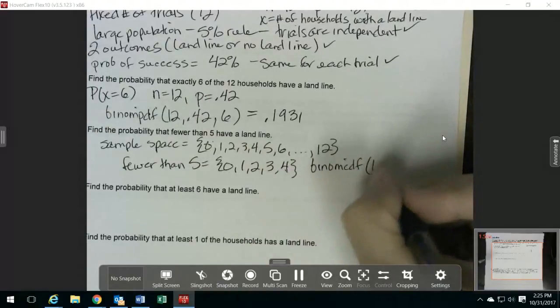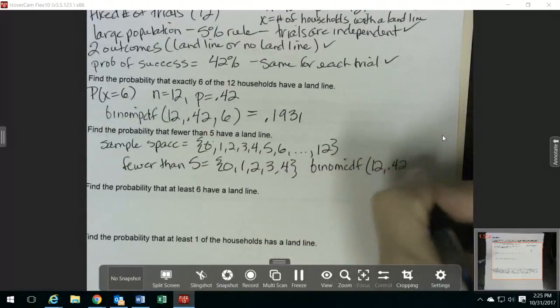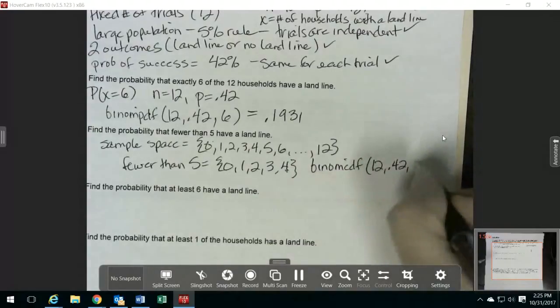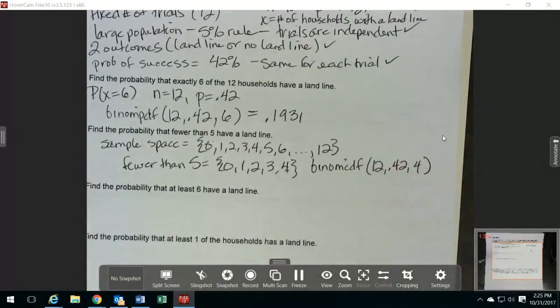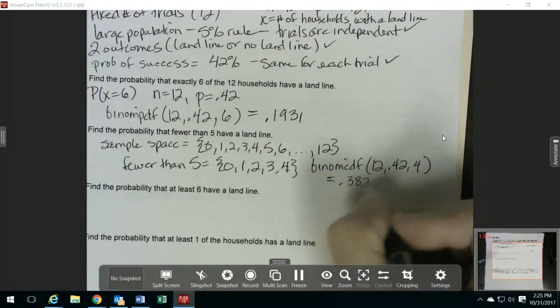So we could do binomial CDF, put in our n, our p, and the top number here, which is the 4. This comes out to be 0.3825.